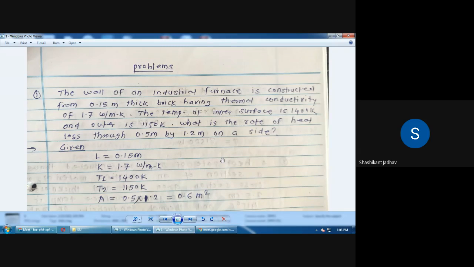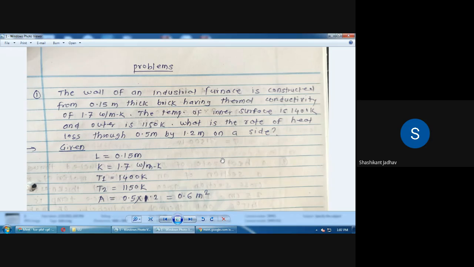That is 0.5 into 1.2, because the dimensions of the wall are given. Taking the product of these two, we get area is equal to 0.6 meter square. Now use the equation Q is equal to K into A dT by dx, find the value of Q, and put that answer in the chat box.